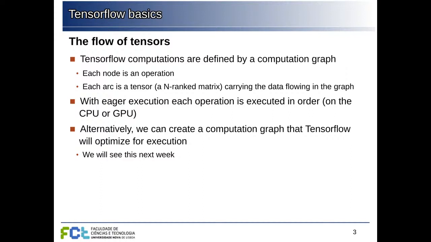TensorFlow, as we saw, will create this computation graph. Each node is an operation, and each arc is a tensor, so an n-dimensional matrix, which flows, takes the data flowing in the graph. This is necessary because remember that when we are chaining together these computations, these operations, TensorFlow needs to keep track also of all the derivatives and know what the derivatives are.